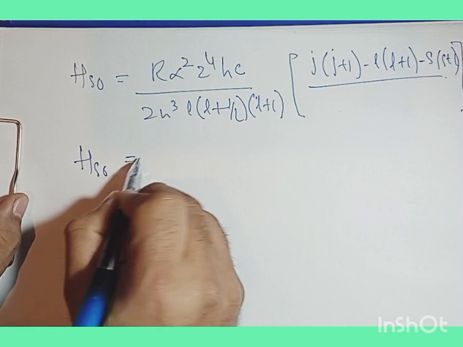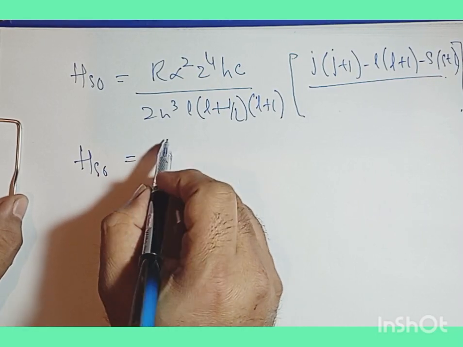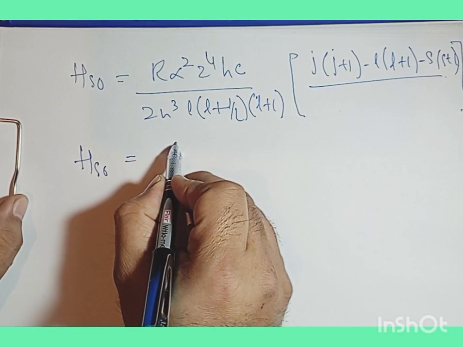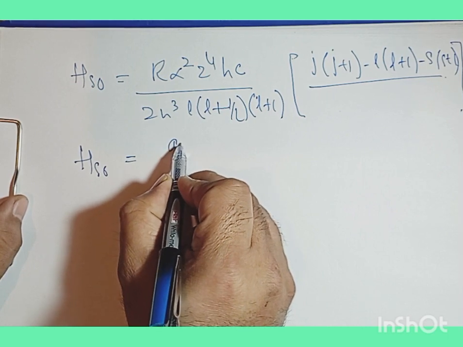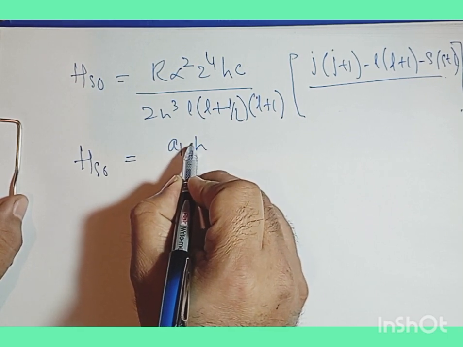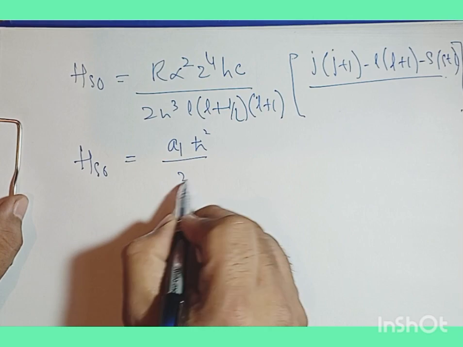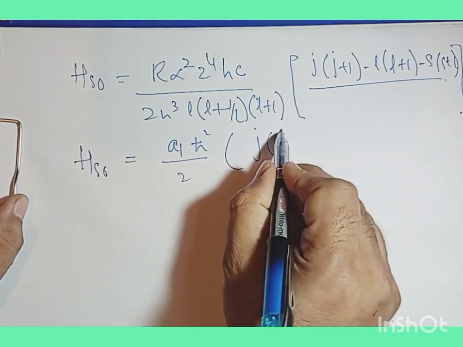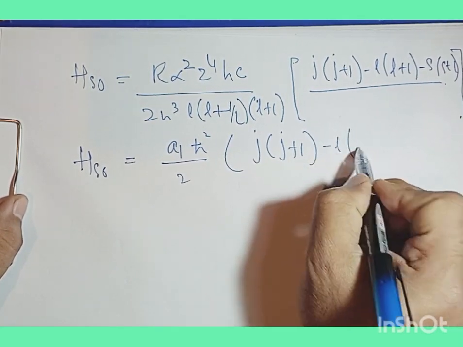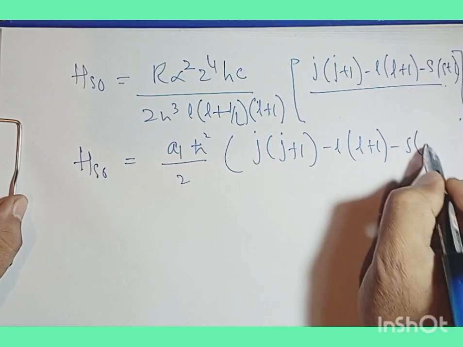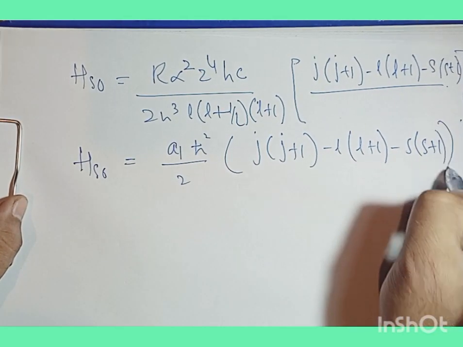So this H_SO is, say I'll call it A1, h cross squared by 2 times (J times J plus 1 minus L times L plus 1 minus S times S plus 1).